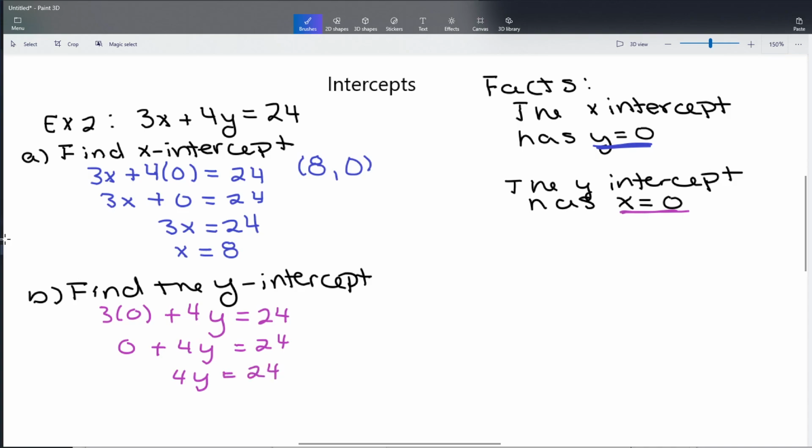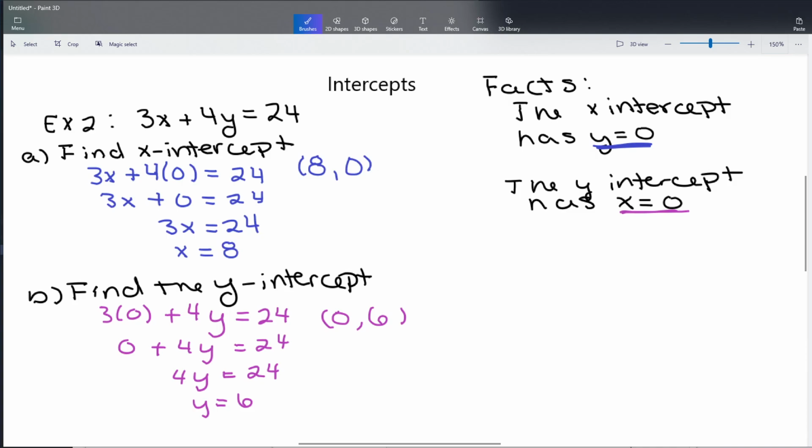When I divide both sides by 4, I get y equals 6. Again, I'm not going to forget to list this as an ordered pair. Now, y equals 6, so we're going to put the 6 there. But don't forget, we actually know what x is also. That's how we started the problem. We know that x is 0.